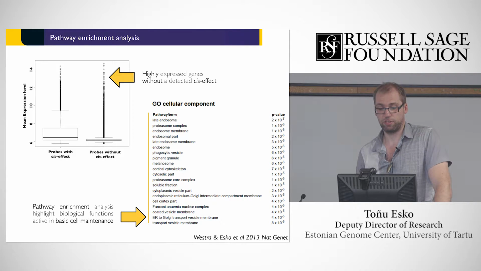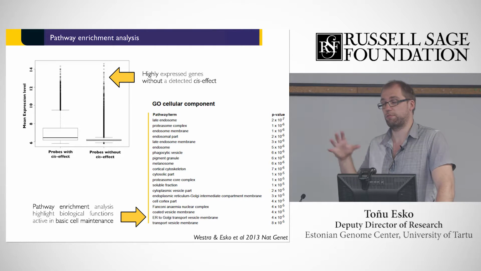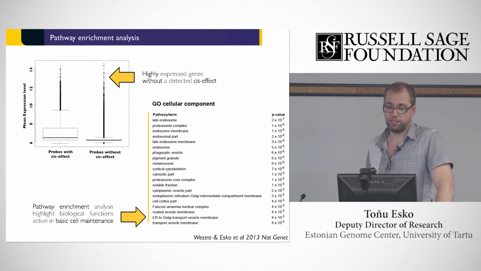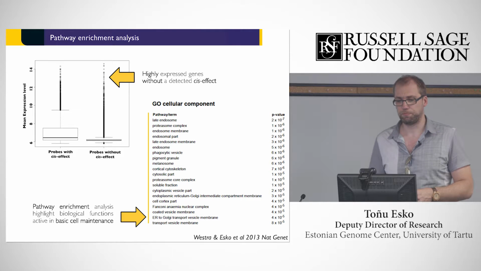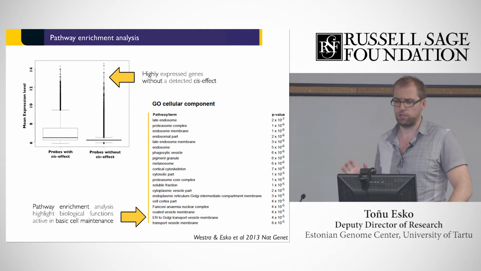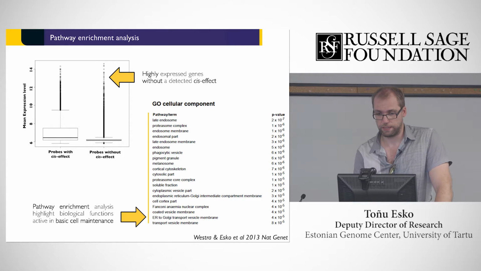And it turns out that those are mostly genes important in basic cell maintenance, like all the processes I explained previously, that don't really tolerate any change or slight modification. So mostly the genes that can be affected are not so important for the basic functions.